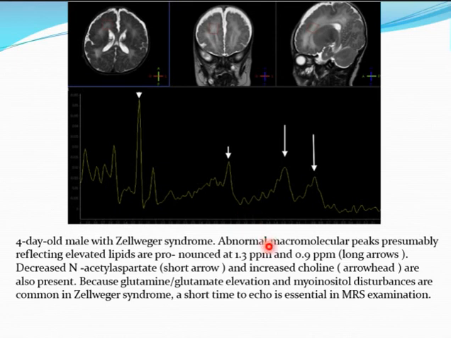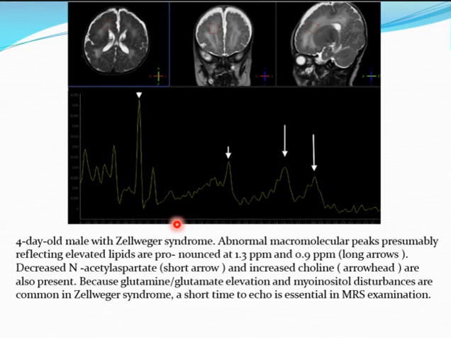In this case of Zellweger syndrome, you can see abnormal spectra showing a decreased NAA peak, the short arrow, and an increase in the choline here. Till now, it is consistent with a normal infant. However, there is glutamine and glutamate elevation and myoinositol disturbance.